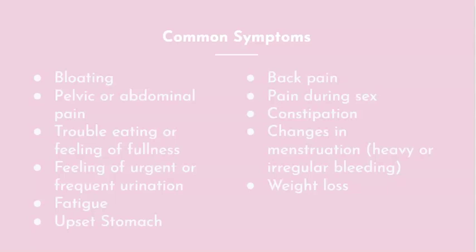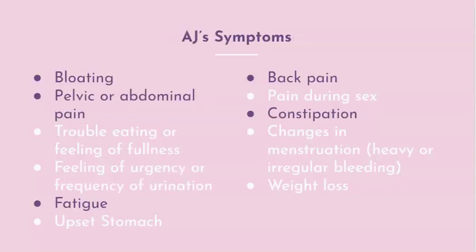Now, the reason why AJ went to her gynecologist is because she was experiencing bloating, pelvic and abdominal pain, fatigue, back pain, and constipation. AJ is typically a very active young female. She's only 20 years old, and she was having so much abdominal pain that she was having trouble working out, which obviously raised concern to her, so she saw her gynecologist.